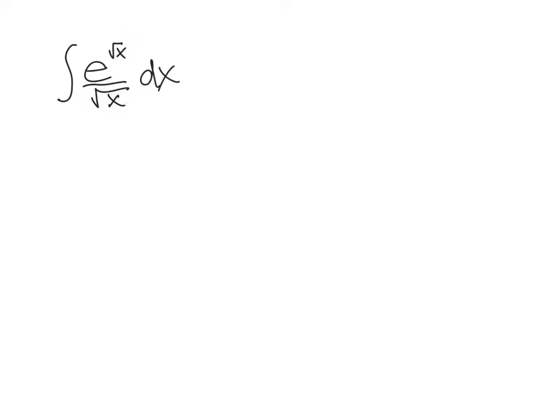So let's rewrite this integral in a way that we can really see what's going on. We have a single e to the power. That has to be e to the u. You have no other choice because e to the power is the derivative of itself. So if you had a power rule or a logarithm, there would have to be a second e in the question. So I'm forced to make that power the u.